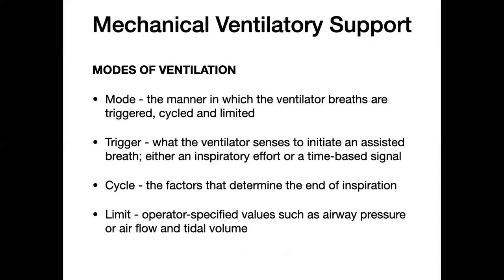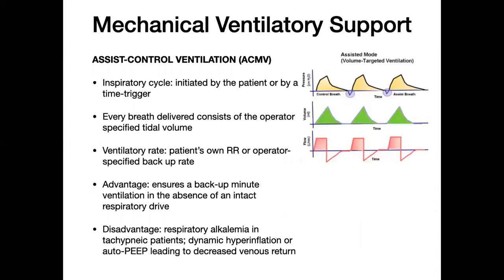The cycle is the factor that determines the end of inspiration, and the limit is what the operator specifies. That value will dictate the airway pressure or the airflow or the tidal volume. So the more common modes of ventilation is the ACMV or the AC mode, assist controlled ventilation.